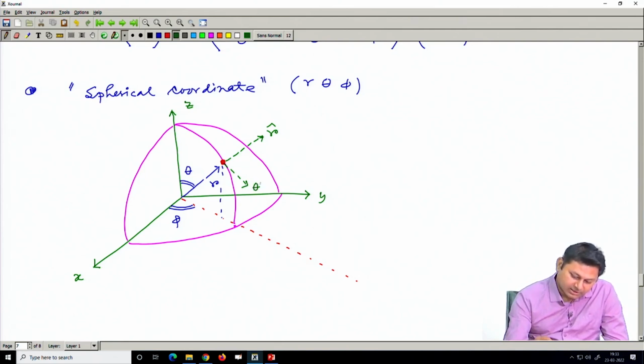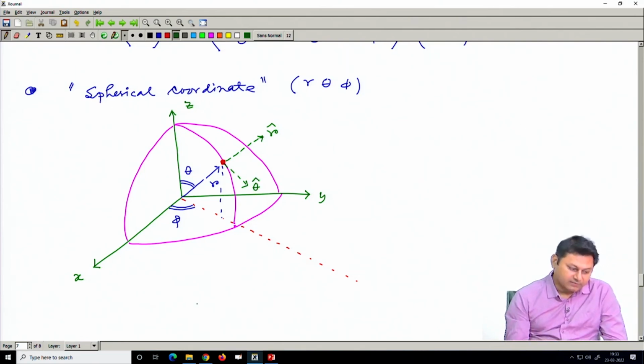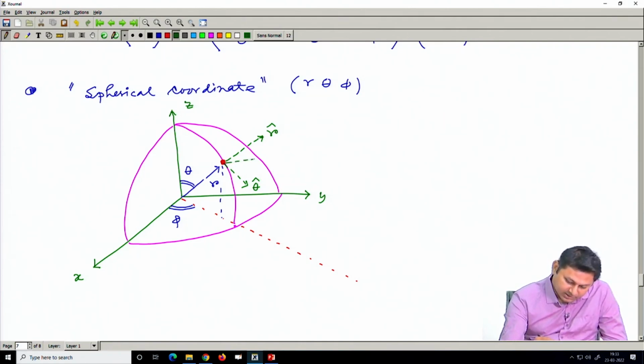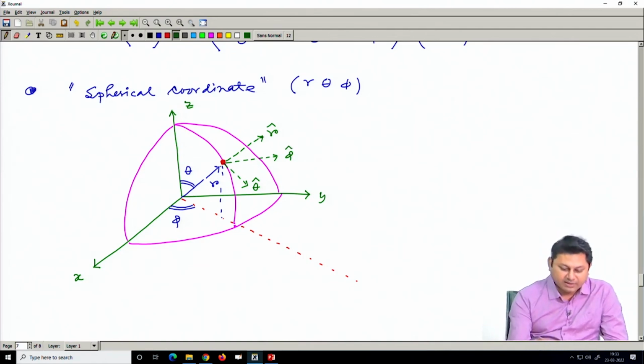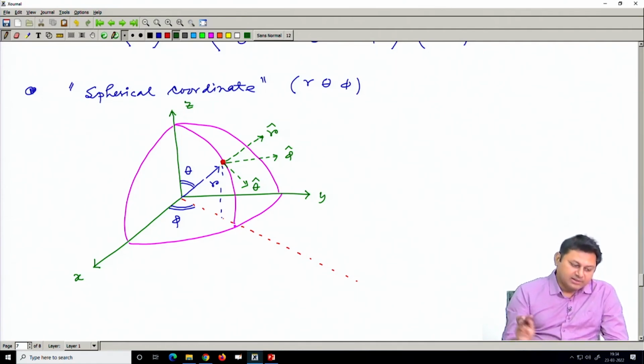The unit vector phi will be along this direction, the tangential direction. So, these are the three unit vectors at this point. Along this direction it is r, the tangential direction it is phi, and the downward tangential direction it is theta.